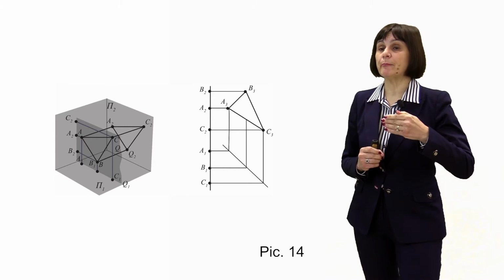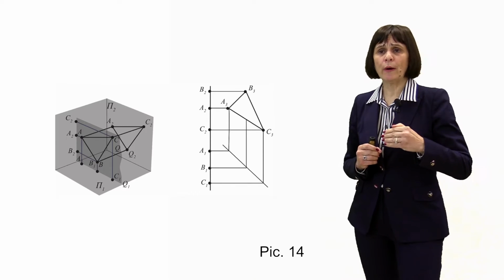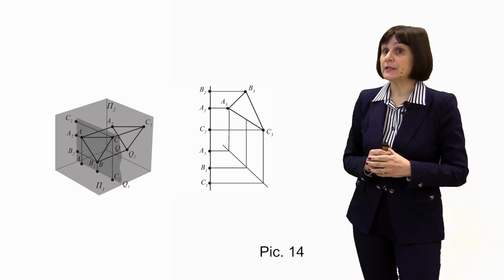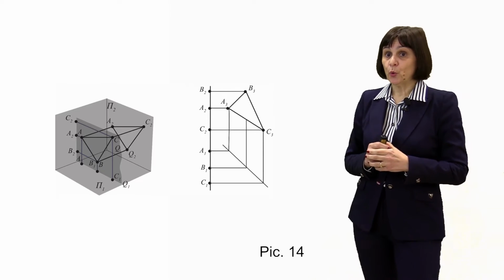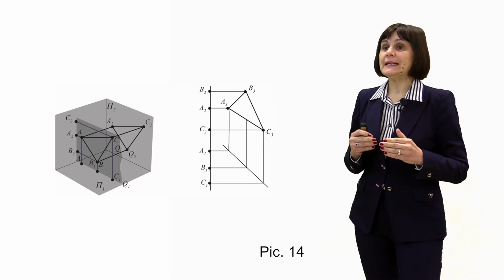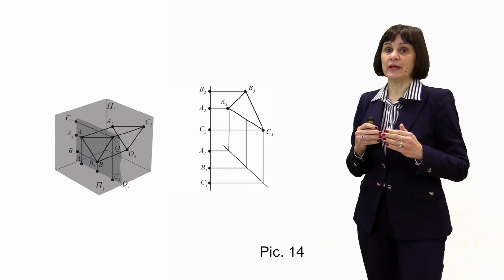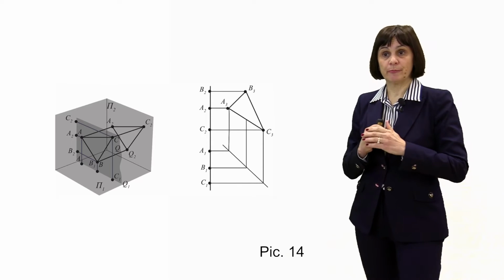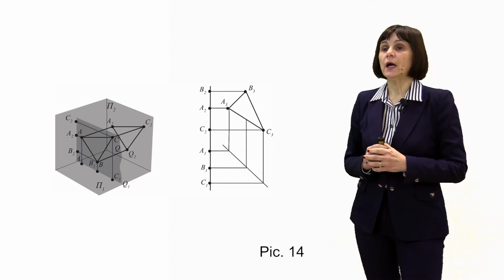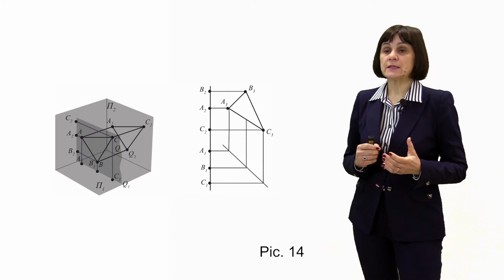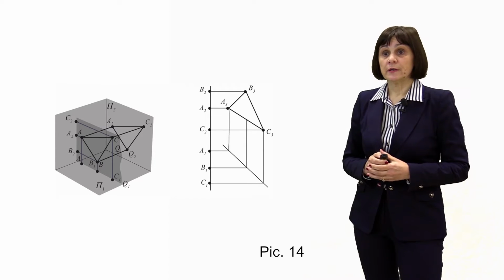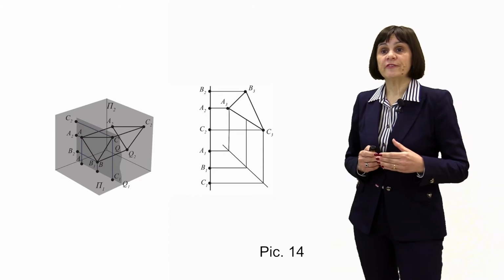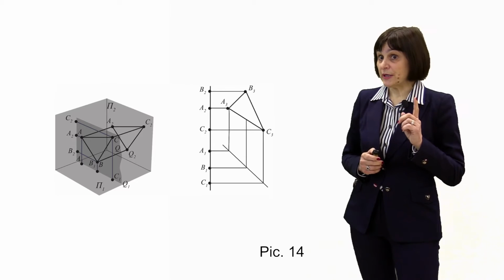Our frontal plane is pi2 and our horizontal plane is pi1. On them we have straight lines, because our profile plane is perpendicular to the frontal projection plane and horizontal projection plane. That's why we depict the vertices of the triangle on the front view like a straight line.